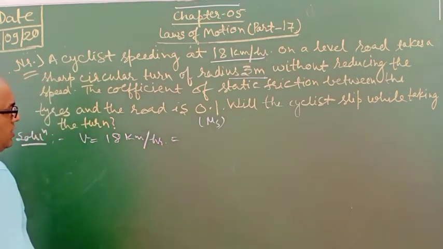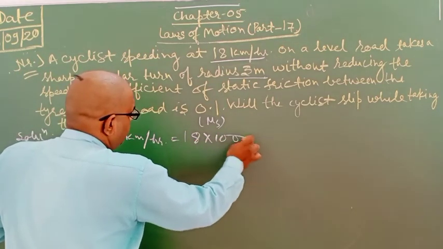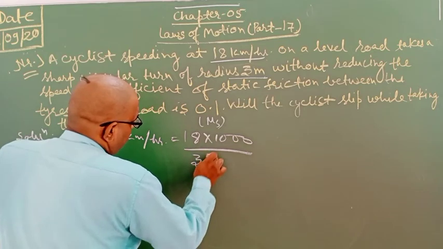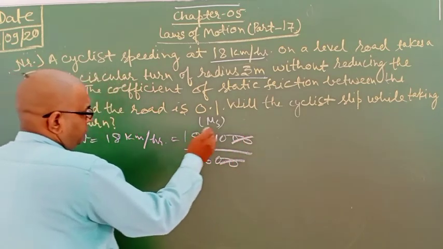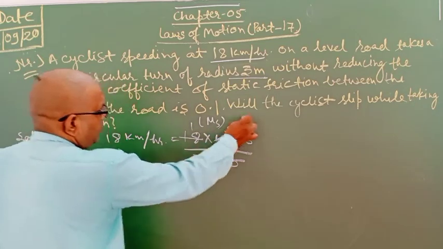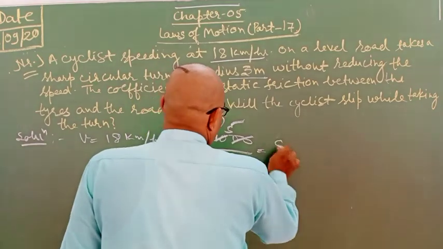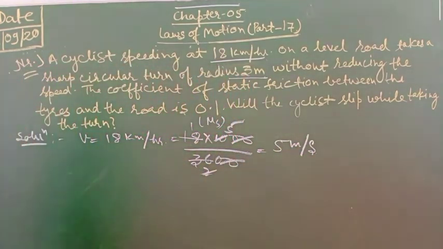That means 18 into 1000 upon 3600. It will cancel out, and it is equal to 5 meter per second. The velocity is 5 meter per second.